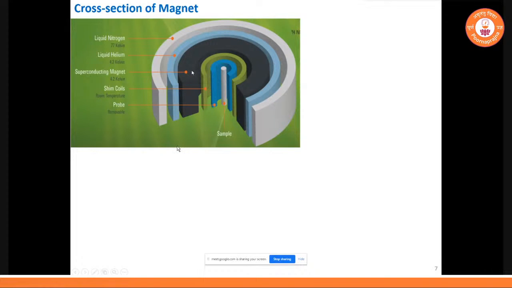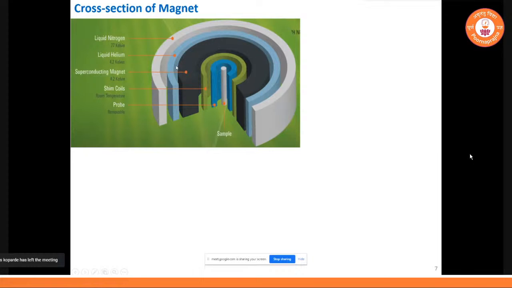Superconductivity is a very low temperature phenomenon. Usually we use a niobium titanium alloy to create superconducting coils. And these become superconductors only at a temperature of 10 Kelvin. So naturally, to go to that temperature, we need liquid helium, because the boiling temperature of liquid helium is 4.2 Kelvin. So this superconducting coil is immersed in a liquid helium bath.